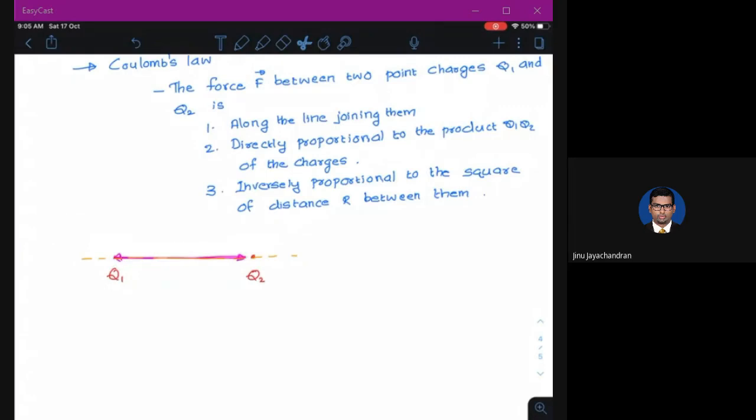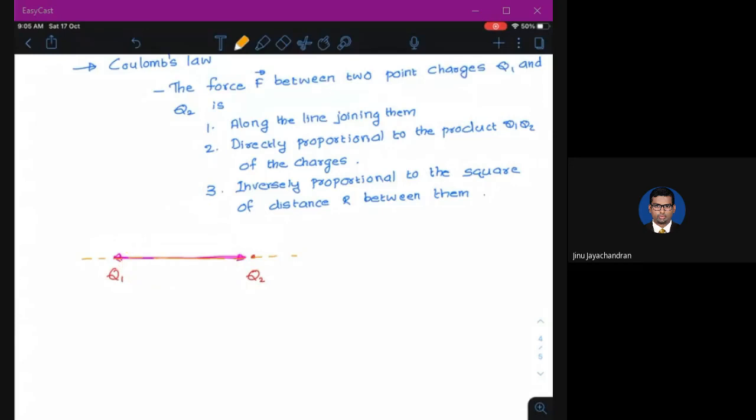Okay, so it will be along the line joining them. The force will not come from anywhere else. It will be along the straight line. That means the Q2 cannot apply a force like this, or like this, or like this. It cannot apply such forces. Similarly, Q1 on Q2 will always be along the line joining them.